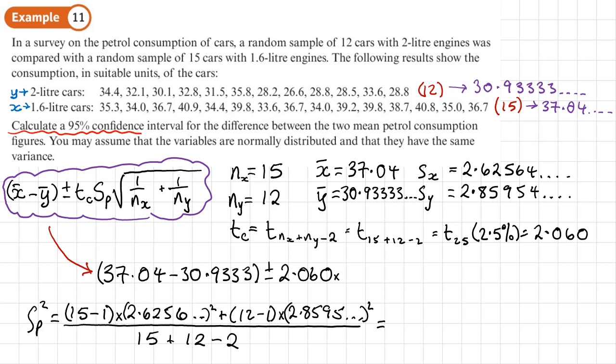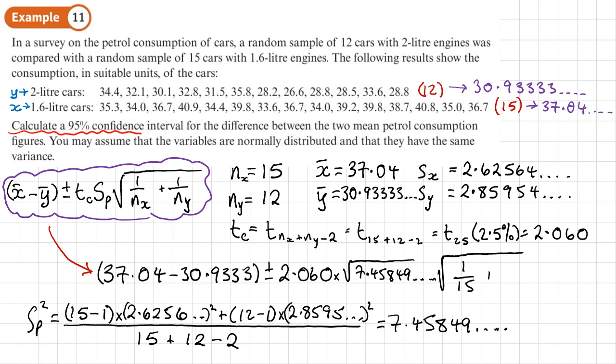So this gives me 7.45849. Okay, so what I'll do, that needs to be square rooted, so that'll be the square root of 7.45849, and that's going to get times by the square root of 1 over 15 plus 1 over 12.